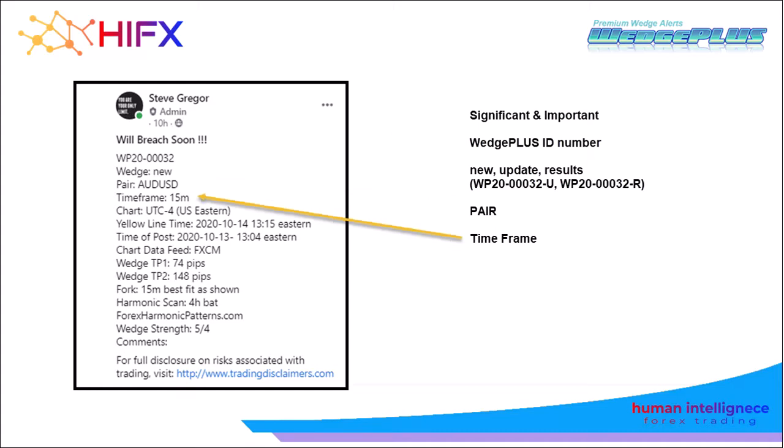Time frame. We're only going to be dealing with 15-minute wedges and wedge alerts and 4-hour wedge alerts. Sometimes you may see, depending on the nature of the wedge, that wedge represented on a 15-minute chart. And there's reasons for that. And that's because the HIFX 33 indicator is 15 minutes and below.